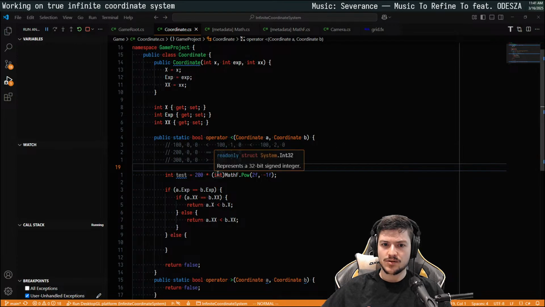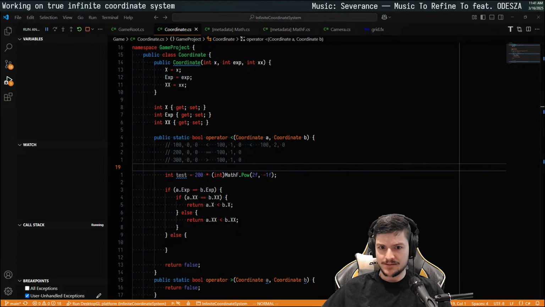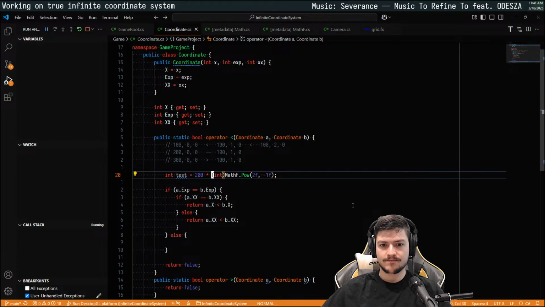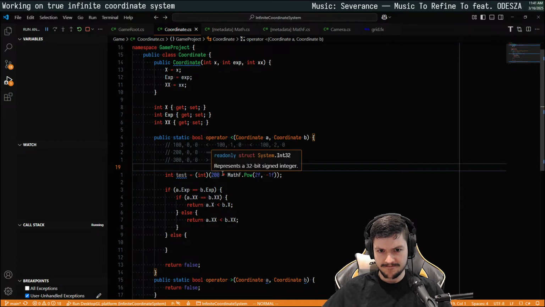Oh, but that doesn't work because this gives me a decimal number. This one would work, but it's kind of annoying, right? But it's whatever.